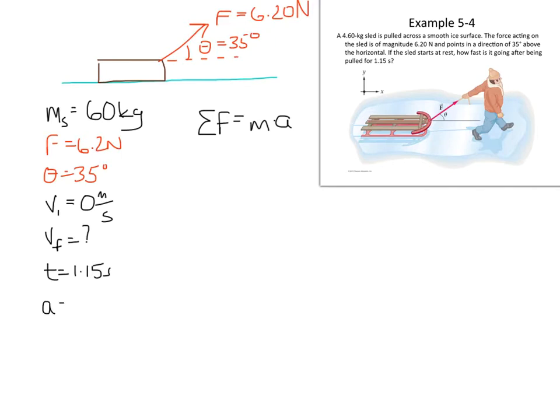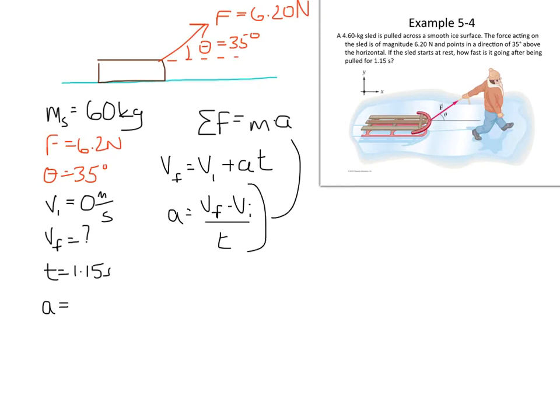We're going to need to use our equation that has acceleration in it. That's one of our kinematics equations. We know that final velocity equals initial velocity plus acceleration times time. If we turn that around and solve for acceleration, acceleration is final velocity minus initial velocity over time.